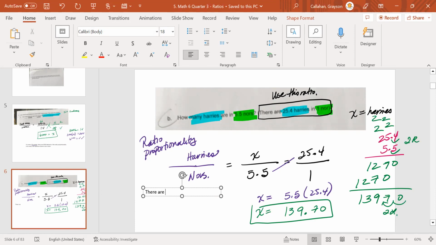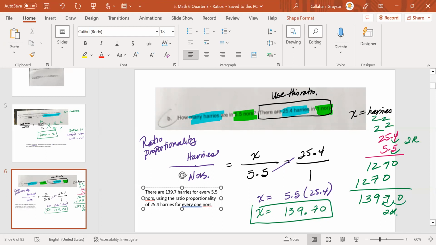There are 139.7 Harrys for every 5.5 Nors using the ratio proportionality of 25.4 Harrys for every 1 Nor.